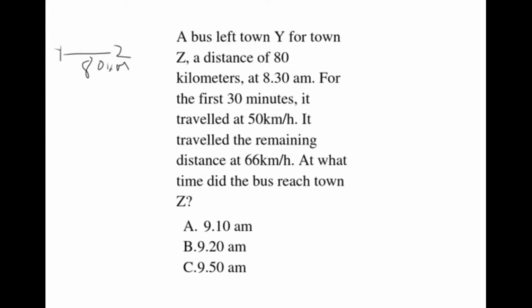The time it left Y is 8:30 a.m. For the first 30 minutes, it traveled at an average speed of 50 kilometers per hour. Then for the remaining distance, 66 kilometers per hour. That was the average speed at which the bus traveled for the remaining distance. Therefore, we proceed as follows. Solution.